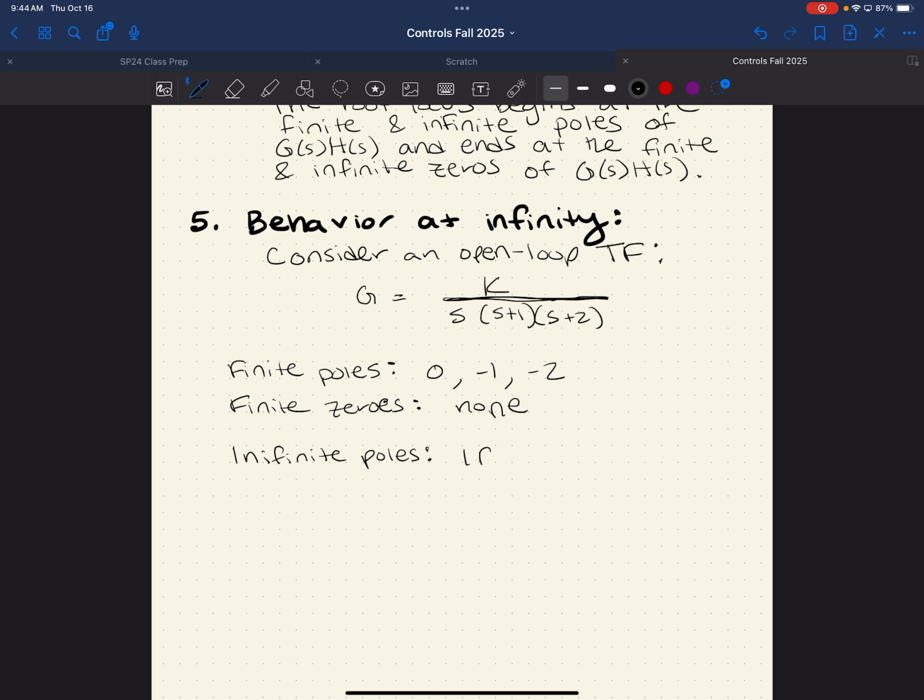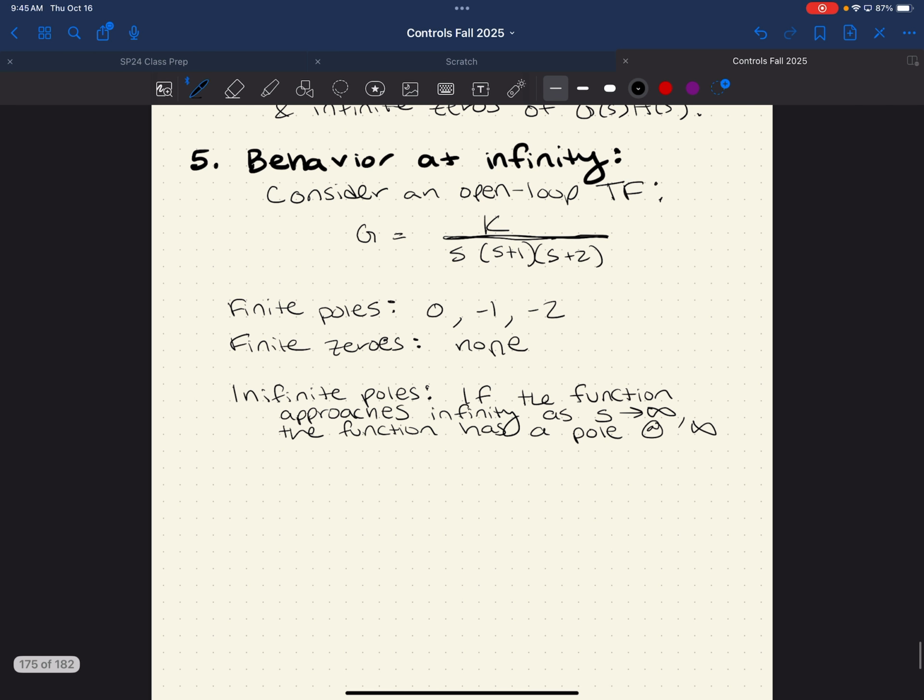Okay, if the function of S approaches infinity as S goes to infinity, the function has a pole at infinity. And then we have infinite zeros.